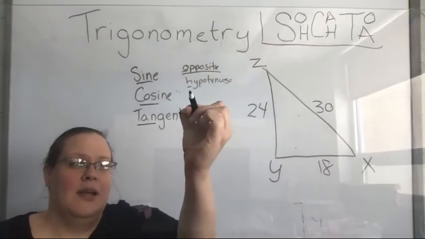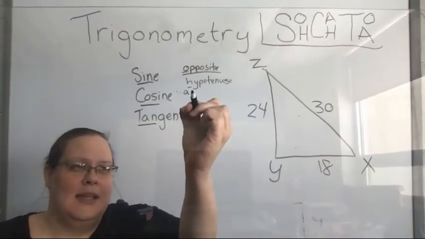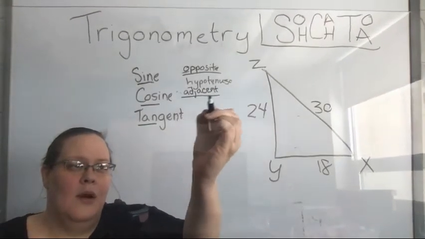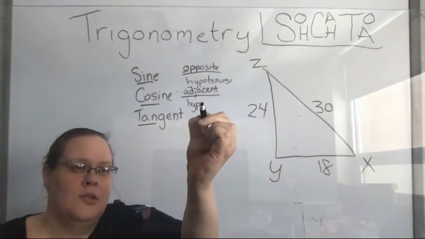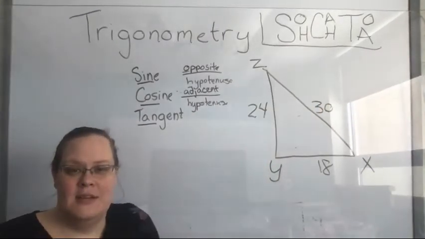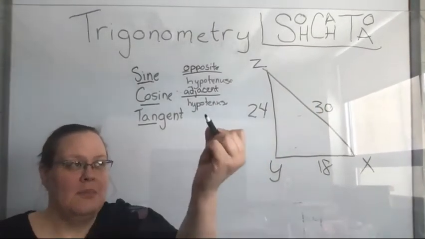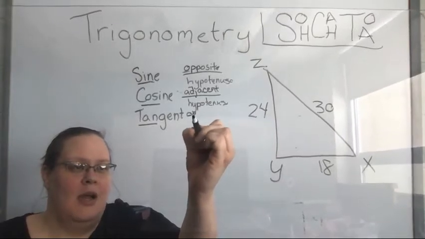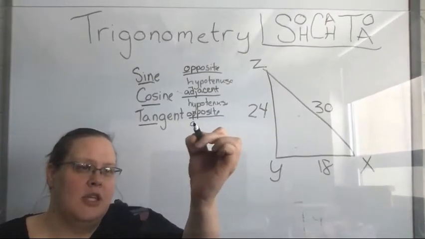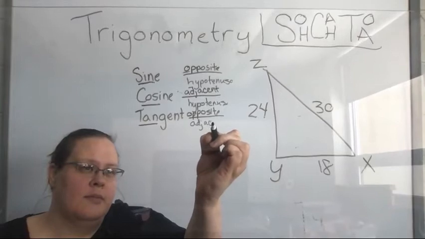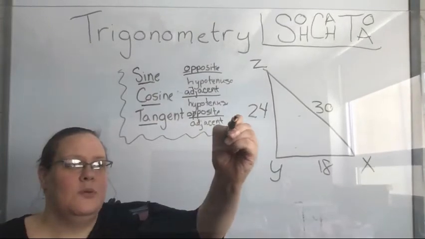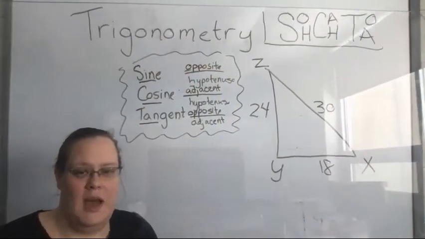Then cosine is the side that's adjacent over the hypotenuse. Again, the A and H will help us remember that ratio. And finally, the tangent is the opposite over the adjacent. These different ratios are what we're going to start looking at today in trigonometry.